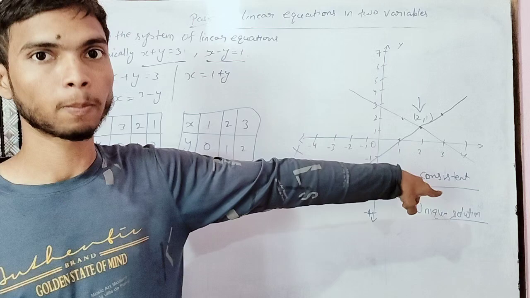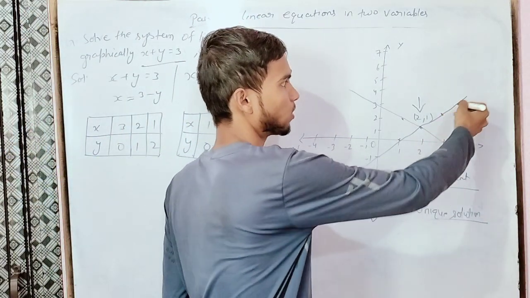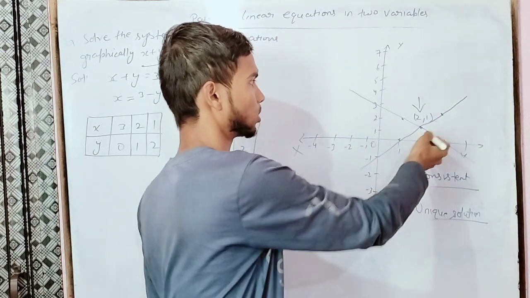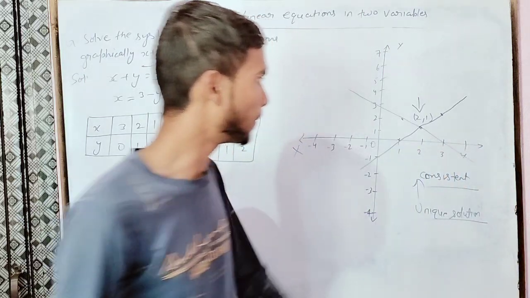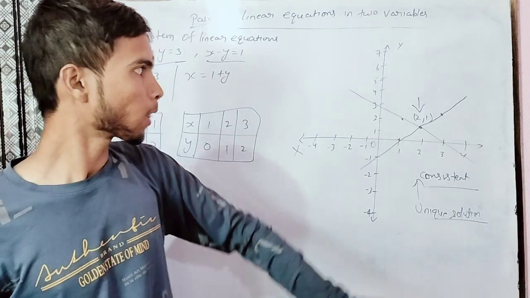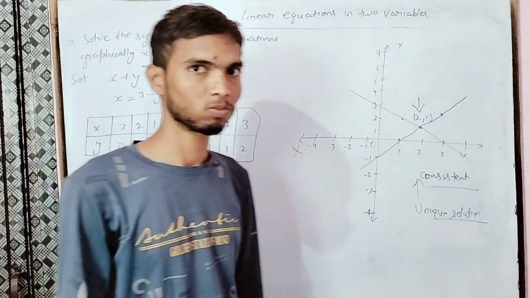All points will be on this line, but the intersecting point will be here, which is only one solution, and which is 2 comma 1.